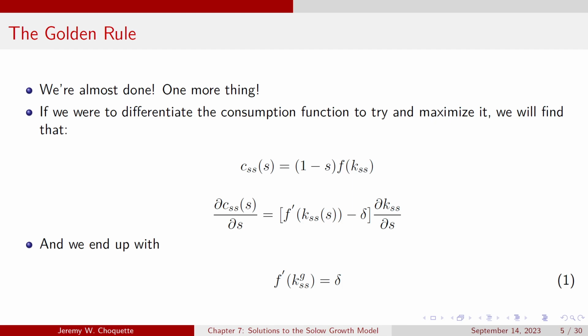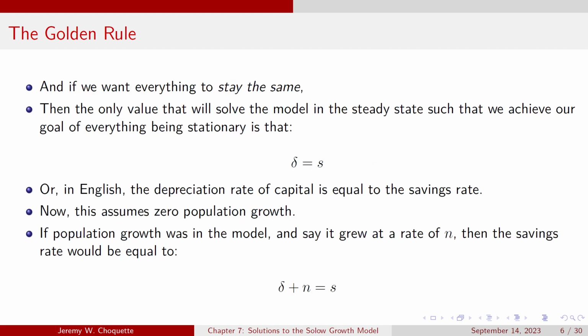And if that equals the rate of depreciation, then the only value that will actually satisfy the model in the steady state, in hopes of having a goal where everything is stationary, would be the rate of depreciation being equal to savings, right? So the savings rate is equal to depreciation. So if capital's falling apart at, say, 5%, then we're going to be saving at 5%. That's going to keep everything stationary, which makes sense, basically.